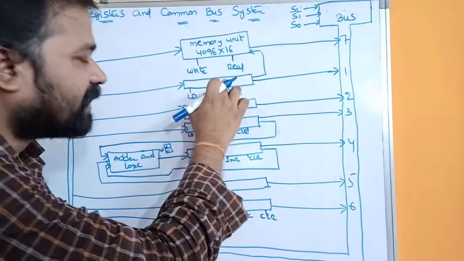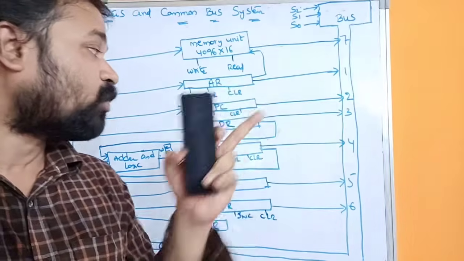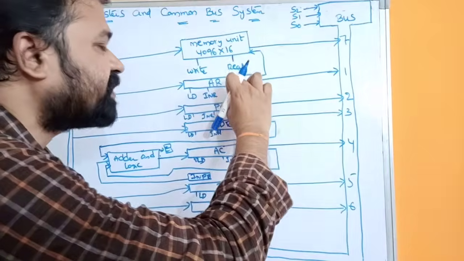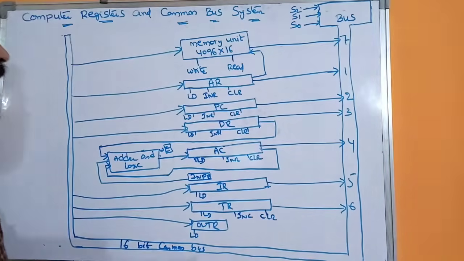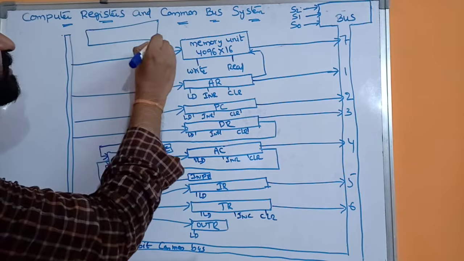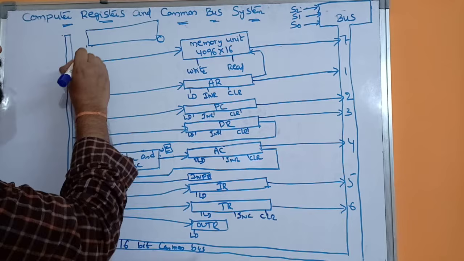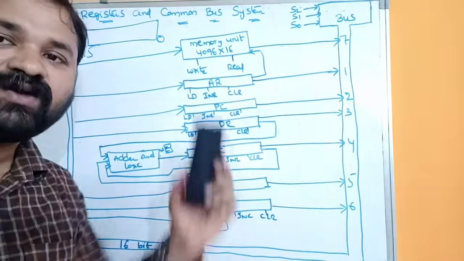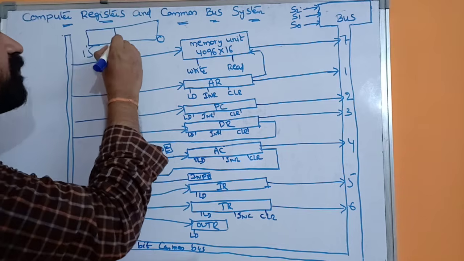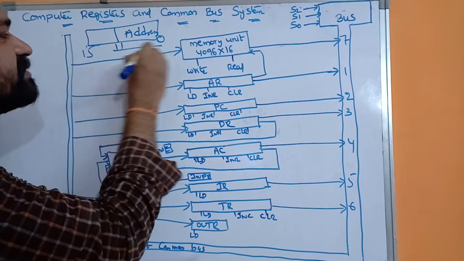Here the address register stores the address of the operand. The program counter stores the address of the next instruction. So these 2 registers mainly store addresses. Let us assume that our instruction size is 16 bits, from bit 0 to 15. Out of the 16 bits, 12 bits specify the address.